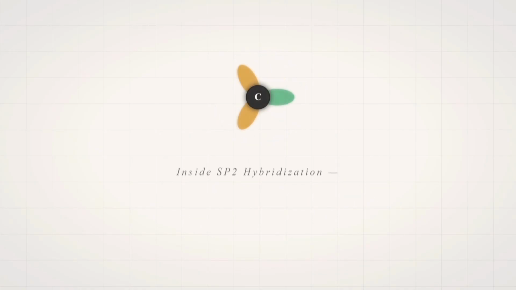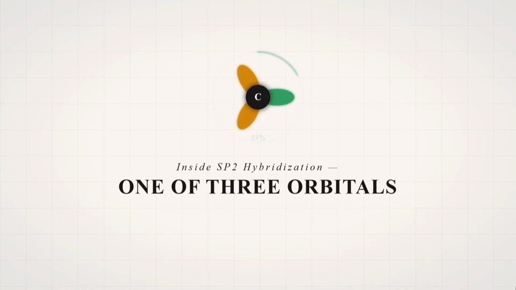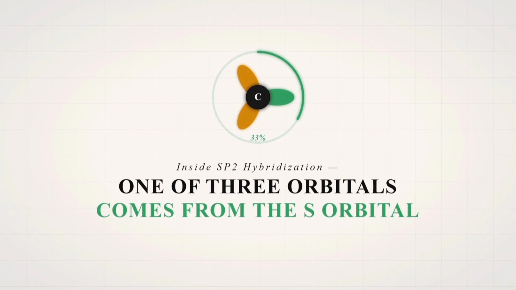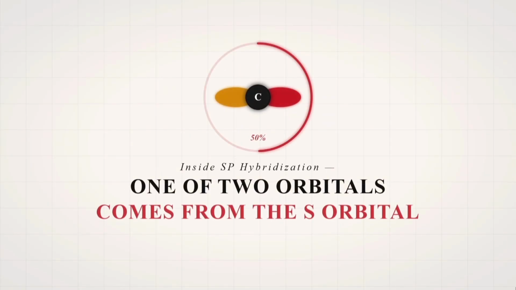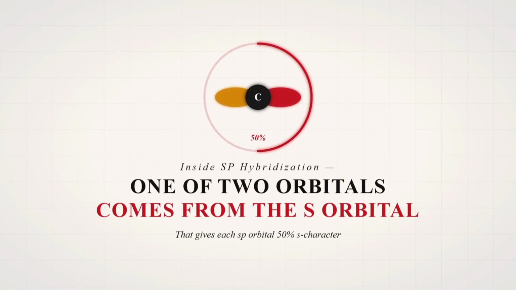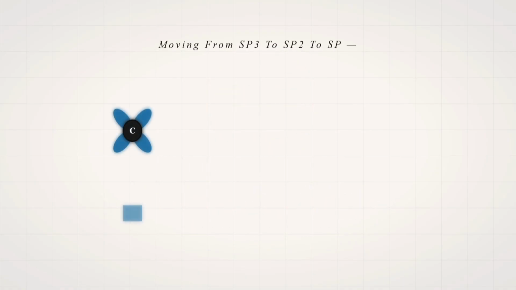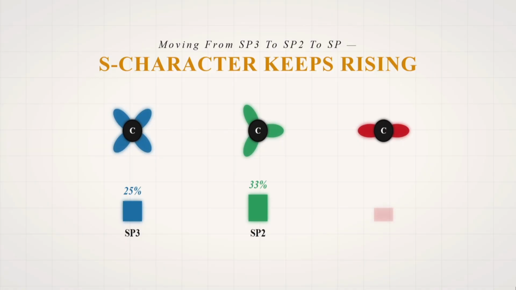In sp2 hybridization, one out of three orbitals comes from the s orbital, giving each hybrid orbital about 33% s character. And in sp hybridization, one out of two comes from the s orbital, giving each hybrid orbital 50% s character. As you move from sp3 to sp2 and then sp, the percentage of s character keeps increasing.